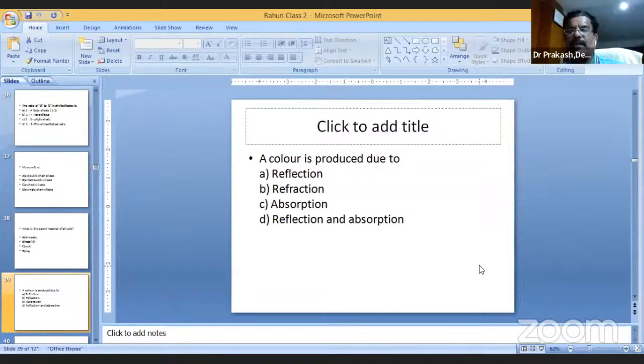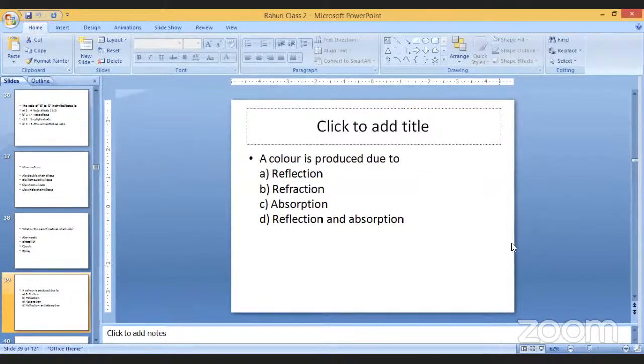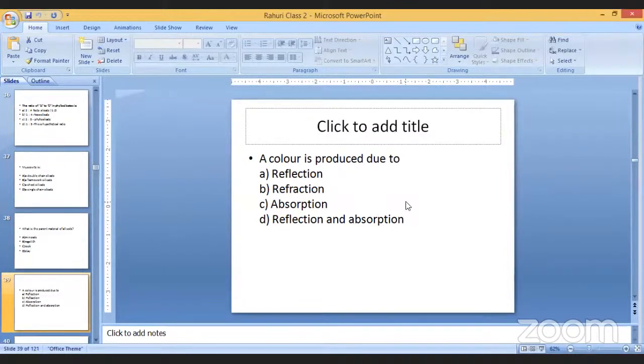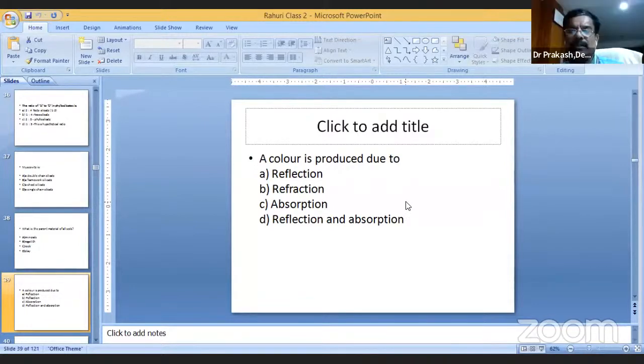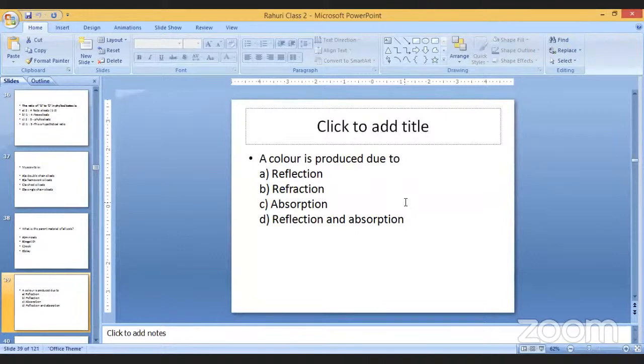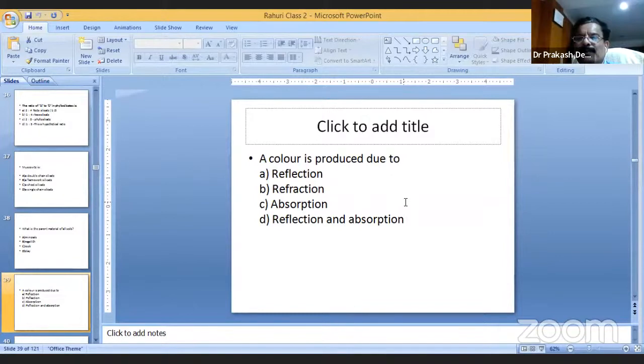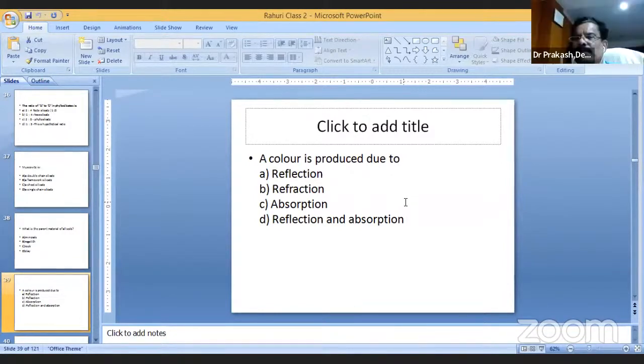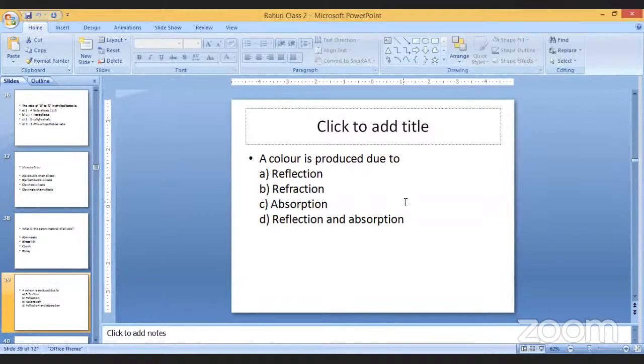Tamanna Sharma, are you hearing me? Yes, sir. On which option are you taking a bet? Sir, I think option D. Option B. Okay. Reflection. Okay. Why does our hair appear dark? Due to melanin pigment.